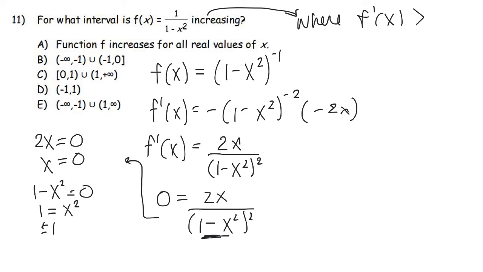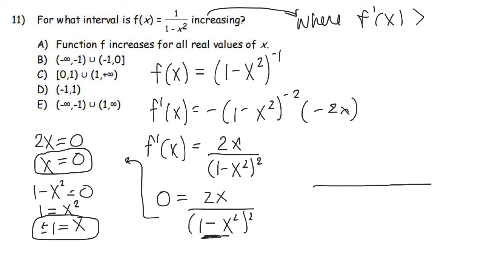So plus or minus 1 equals x. Again, I've got some strange things going on with this function, but I know I have some important points that I need to go look at. So on a number line, we're going to try to make this easy if we can. I know I have negative 1, I have 0, and I have a positive 1.